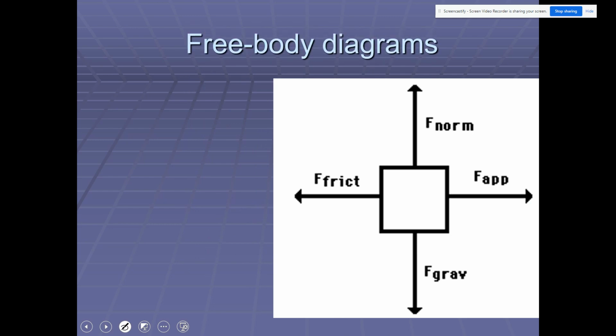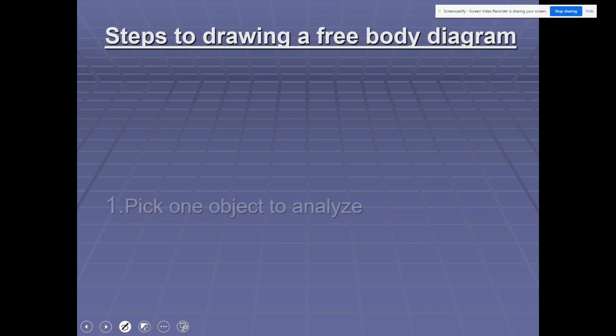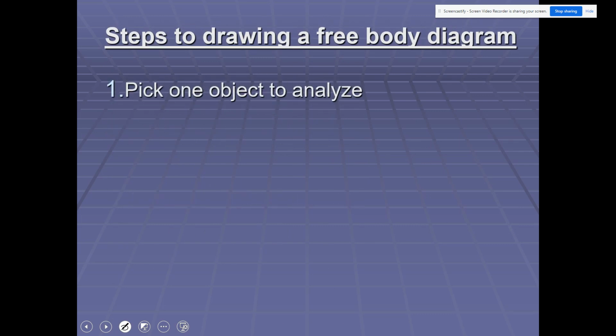Okay, this right here is that free body diagram. Again, notice that there are arrows pointing out in all different directions. What we want to do is show the size and the forces acting on any object in a free body diagram. To do that, we need a couple of steps to go through in drawing a free body diagram. Pick one thing to analyze. Don't pick more than one.